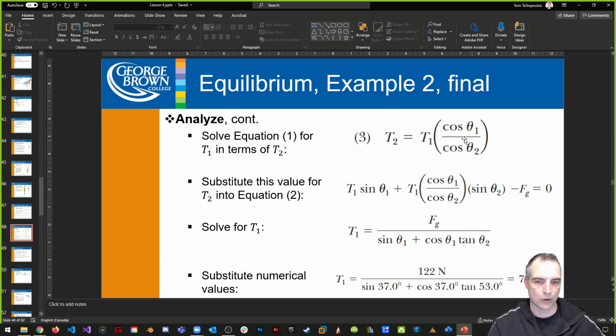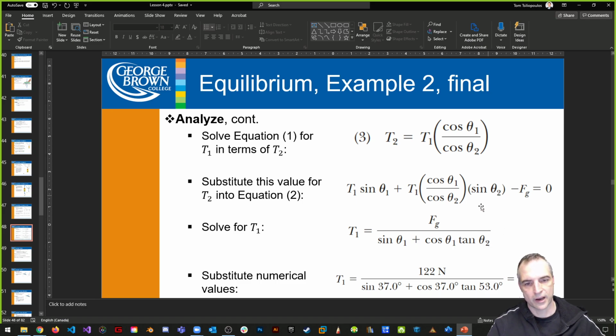Once we know this, we can start substituting into equation 2, where we can say that T1 sine theta 1 plus T1 cos theta 1 over cos theta 2 times sine of theta 2 minus Fg is equal to 0. Then we solve for T1, and we rewrite the equation so it's the force of gravity on the top divided by sine theta 1 plus cos theta 1 tan theta 2.